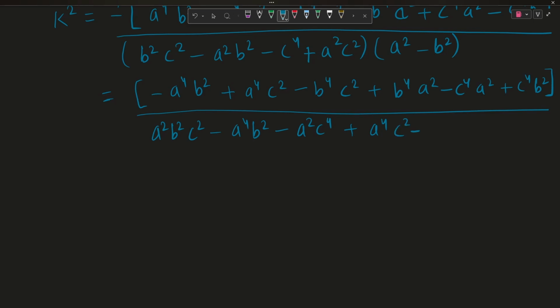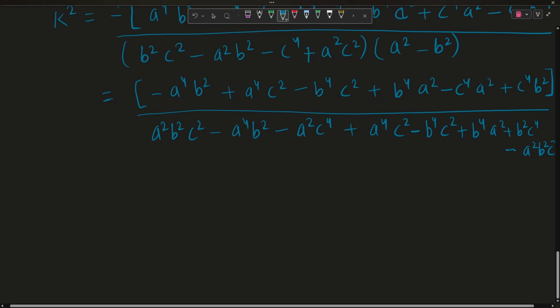of minus b square multiplied by the whole bracket, that will come as minus b to the power 4 c square plus b 4 a square, plus b square c to the power 4 and minus of a square b square c square.